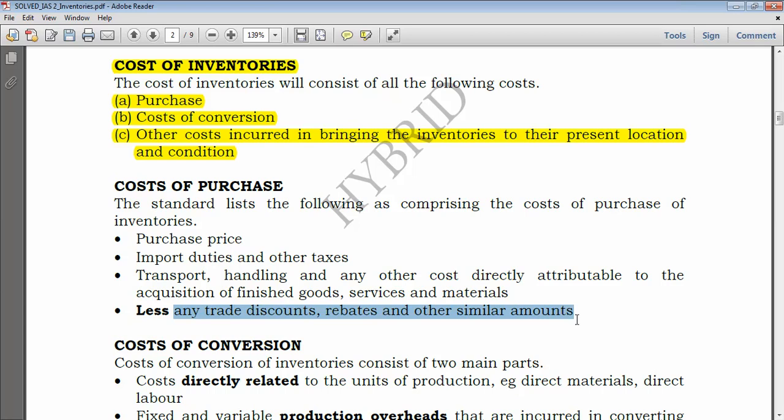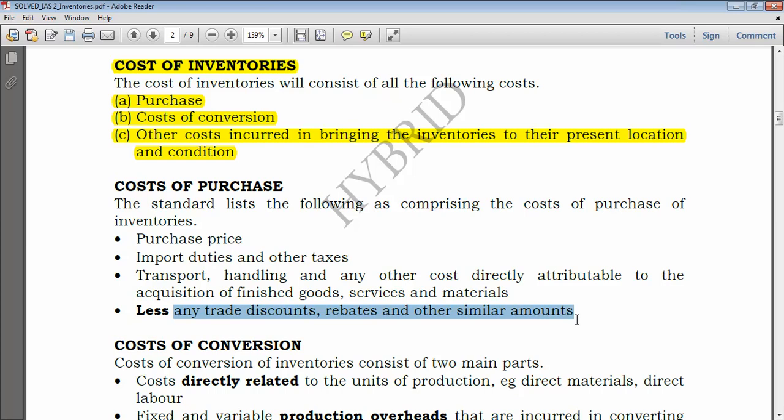Now let me ask you another question here. I hope you have encountered something like discount received, discount allowed. Have you encountered something like that in your earlier studies? Yes. Discount received and discount allowed.